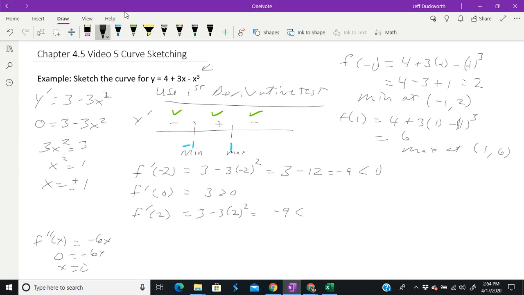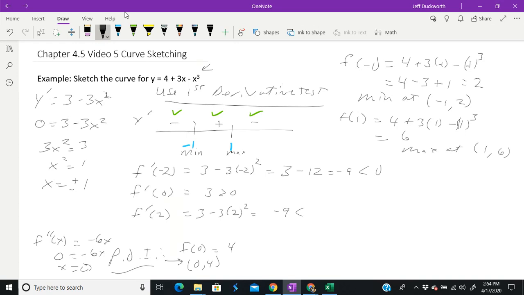So for that point of inflection, we're going to evaluate the function at 0. f at 0 is going to be 4. So the point of inflection will be at 0, 4, which also happens to be our y-intercept, so we don't have to go looking for that.